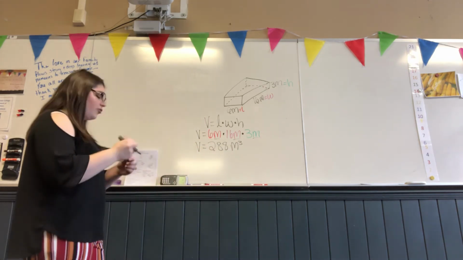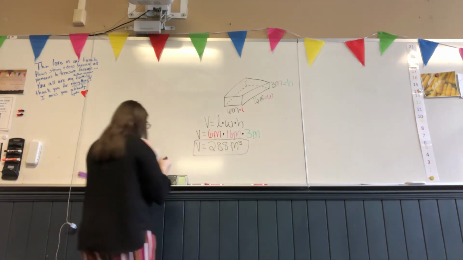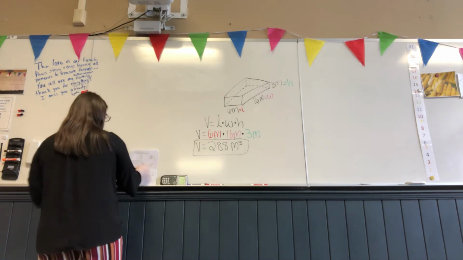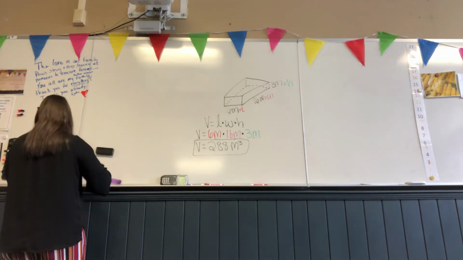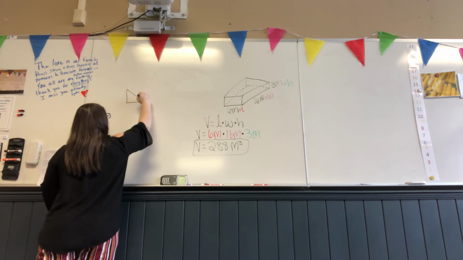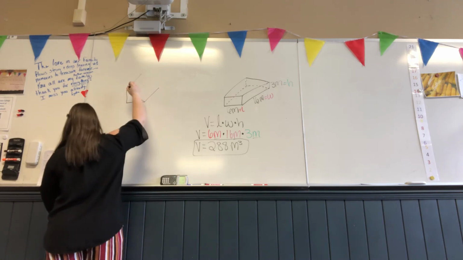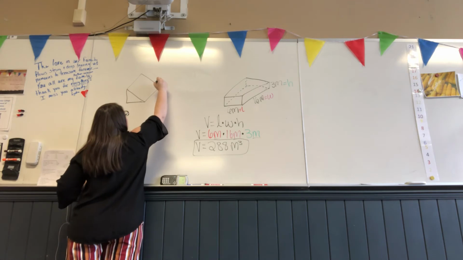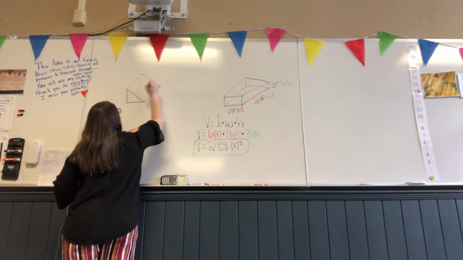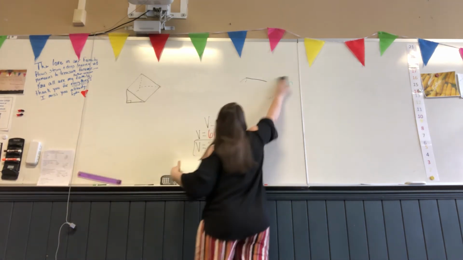So 288 meters cubed for this rectangular prism is our answer. Okay. Go ahead and erase this.